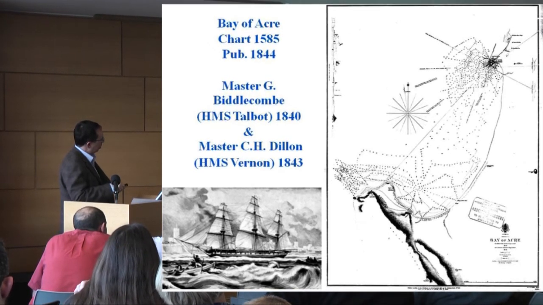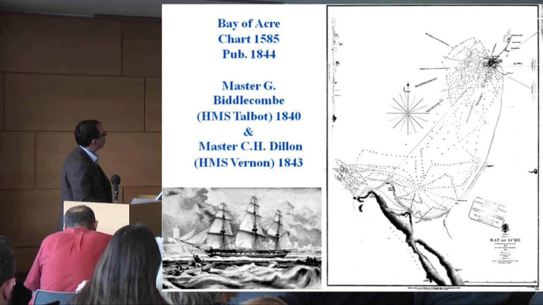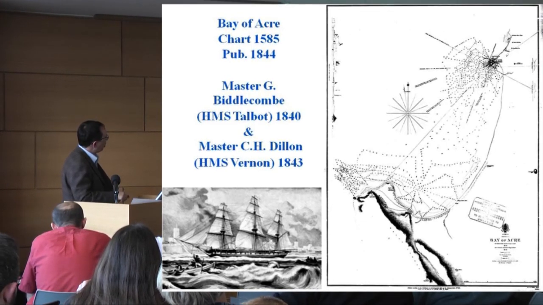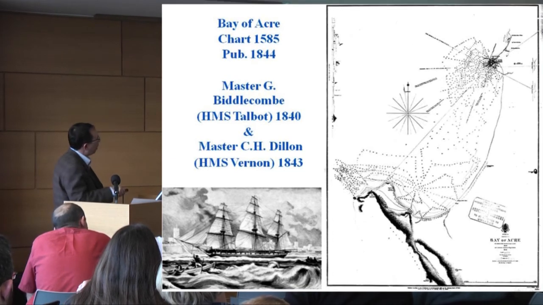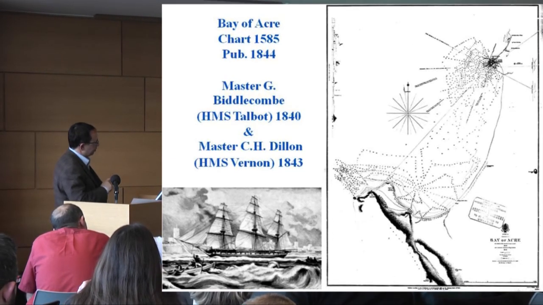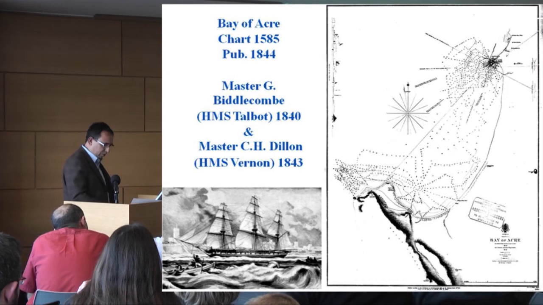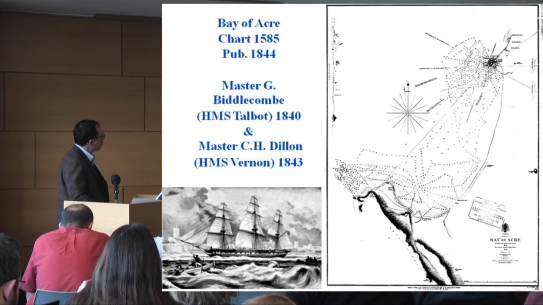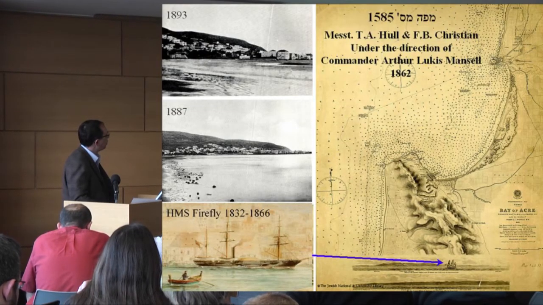The top of the chart was surveyed by Biddlecombe, the lower part by Dillon, and the cartographer at the hydrographic office in London made one map and sold it in 1844.